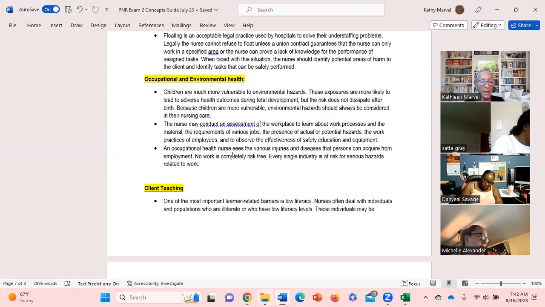That occupational nurse has to ensure that the person's trained. What if you have a high absenteeism rate or lots of people complaining about, let's say, back pain? Are you assessing their ability to lift? Right? Are they doing it correctly?